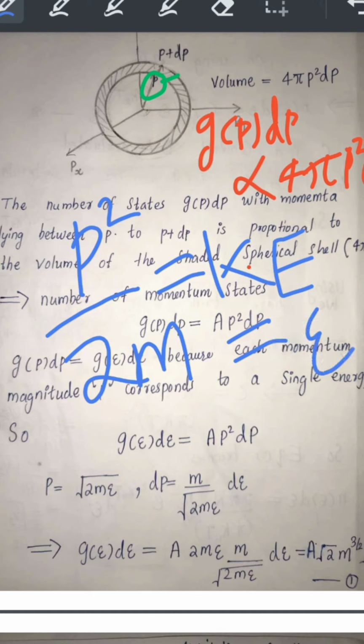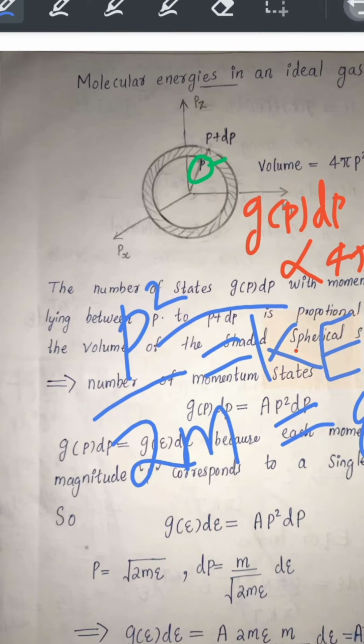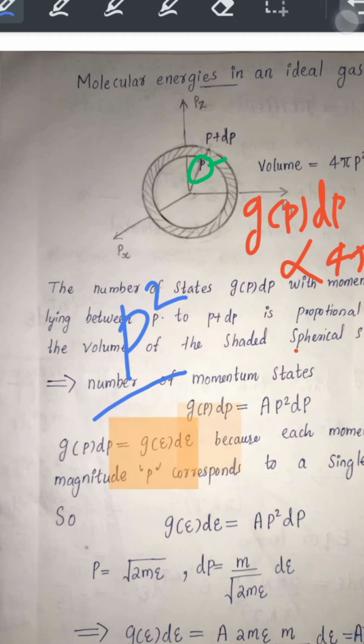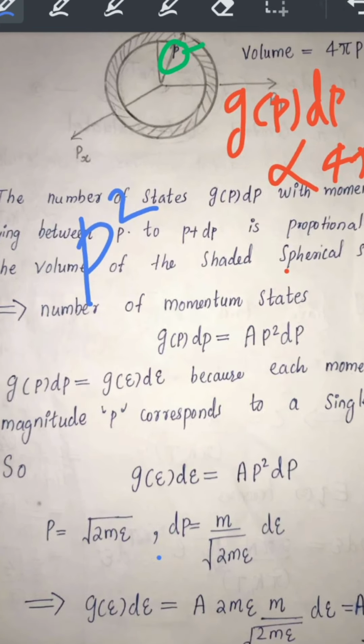So simply, each momentum state corresponds to a single energy state epsilon. So we can write this g of p dp is equal to this g of epsilon d epsilon.